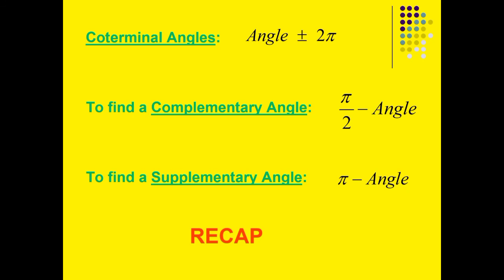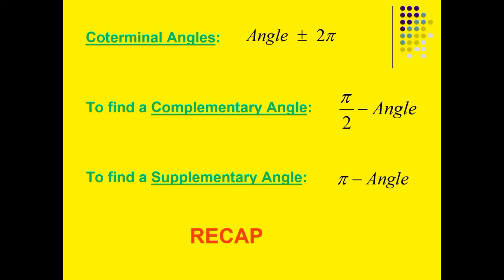If we have to find the complementary angle, we subtract the given angle from pi over 2. So pi over 2 minus the angle. If we're going to find the supplementary angle, we come up with pi minus the angle.